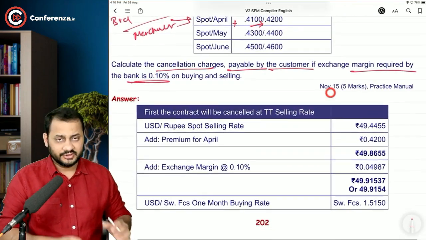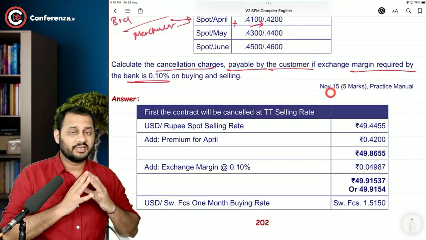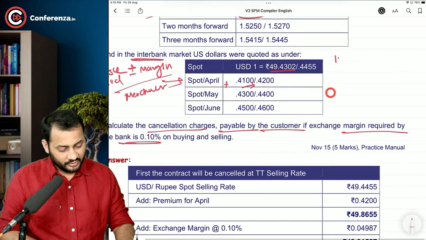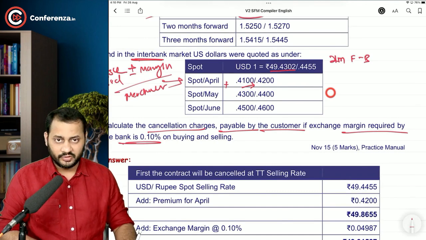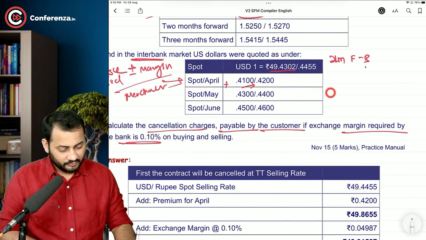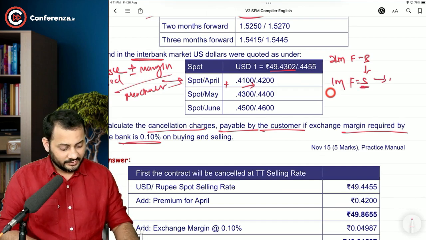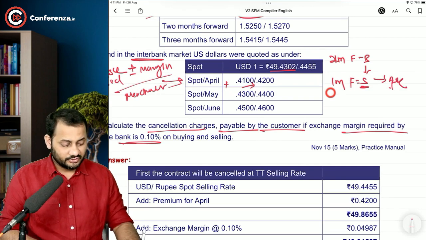So what did the institute do? They first calculated the cross rate to cancel the contract. The original contract is a 2 month forward buy, and we have to take a forward sell contract for 1 month, and the bank will be selling. That means the ask rate is required, which is not directly given.